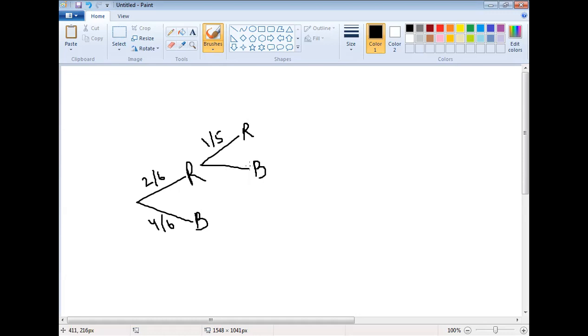Understand the tree diagram. If the first one that you take out is red, then the second one will be either red or blue. Now, how many reds remain? 1 out of 5. And how many blue remain? 4 out of 5.